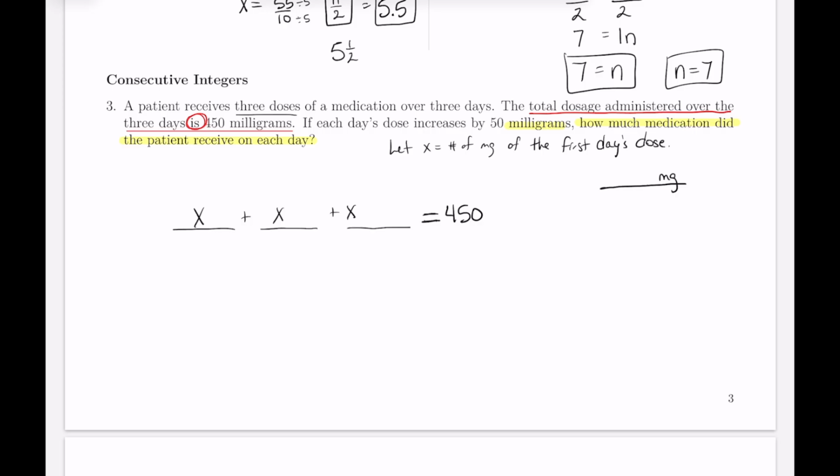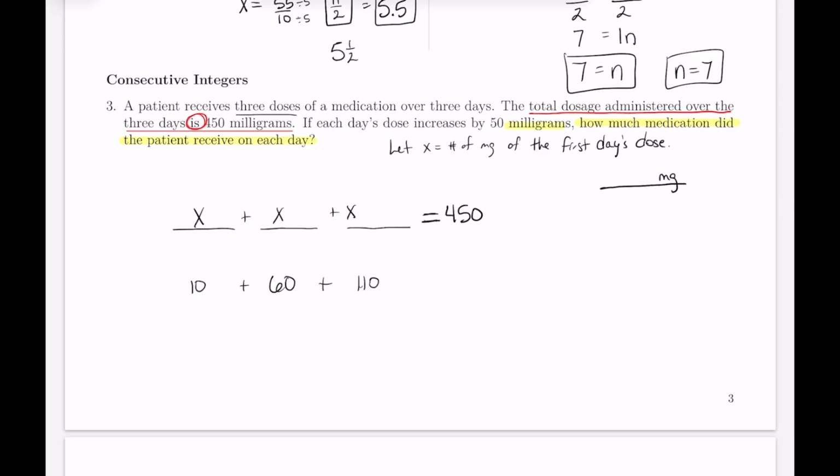If I can figure out the first dose, if I figure out that that's like, I don't know, 10, and then the next day is 50 more, so it'd be 10 plus 50. So the next day would be 60, right? And then I need 50 more than that. So 50 plus 60 is 110.